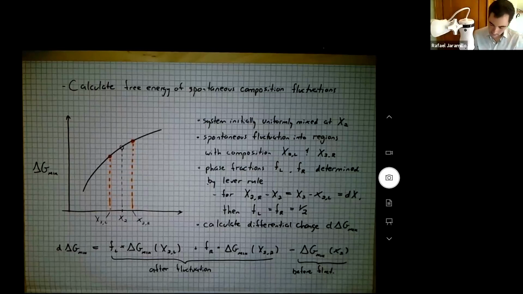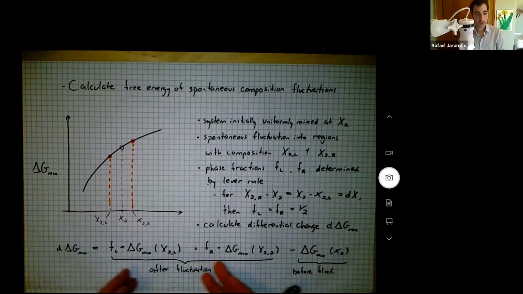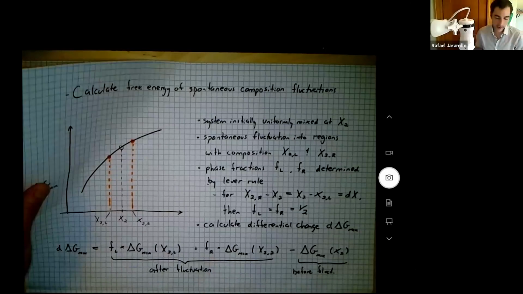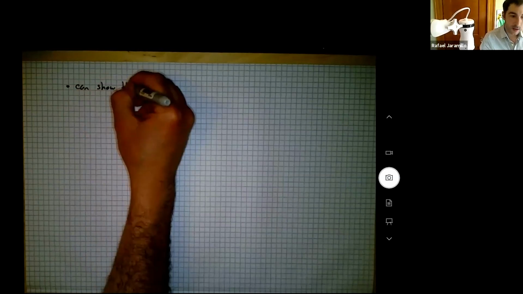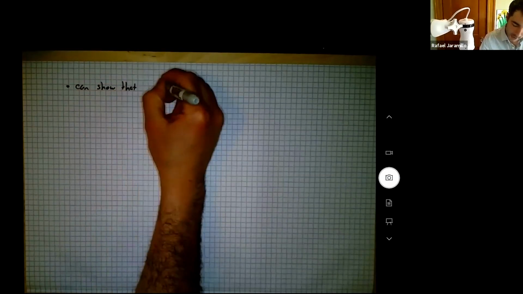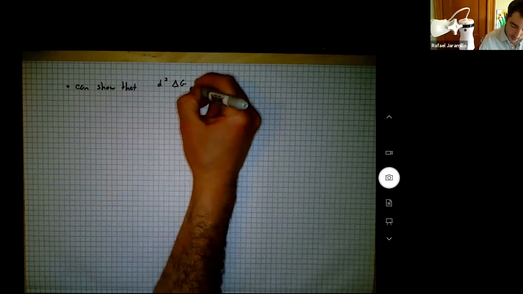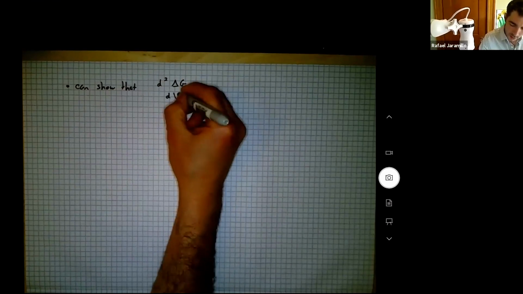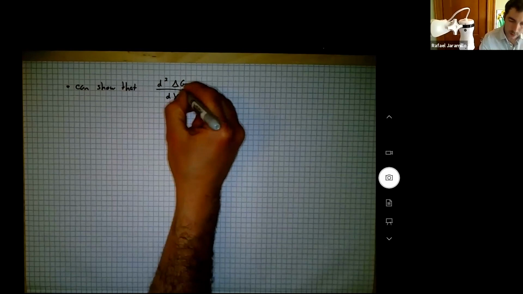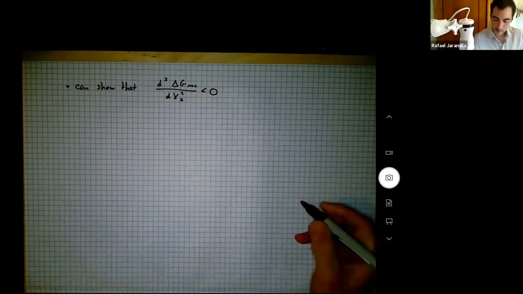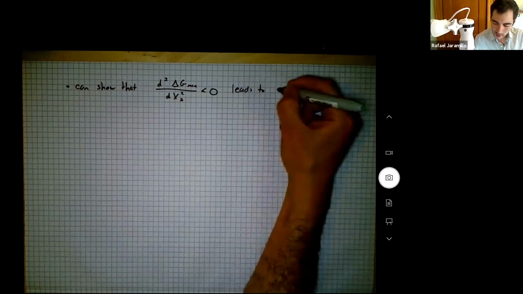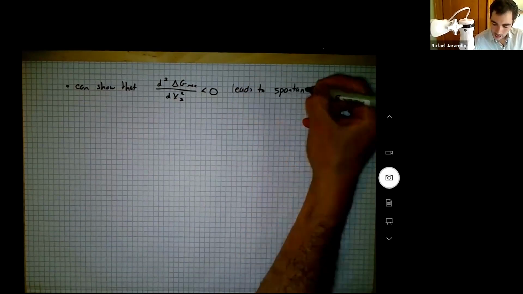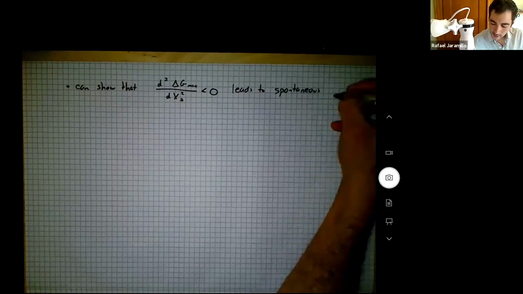Anyway, so this is what you do. You calculate this change, and you can show, or you will show, that negative curvature leads to spontaneous unmixing.